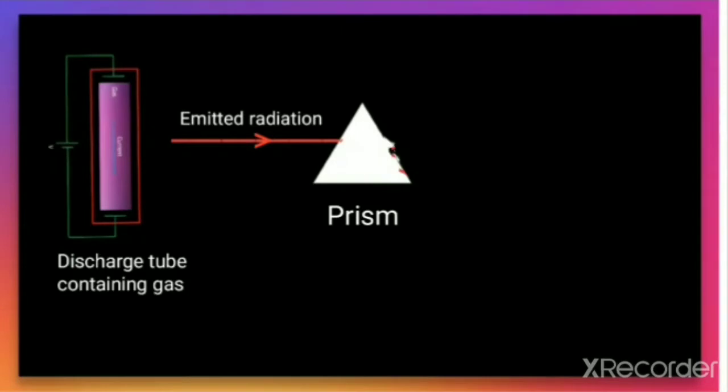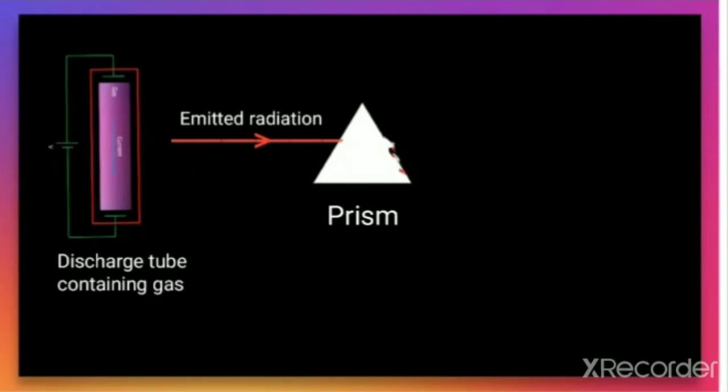When a substance is excited, for example, when a substance is heated, it emits radiation. If a gas is taken in a discharge tube and an electric arc is provided, it emits radiation.